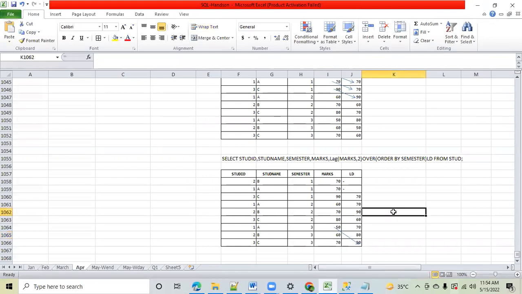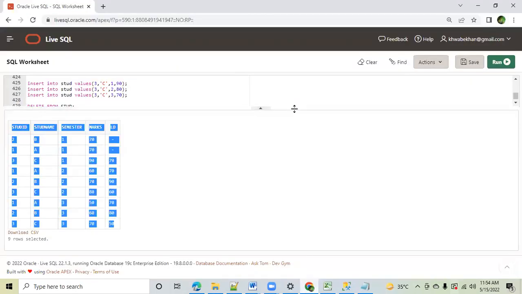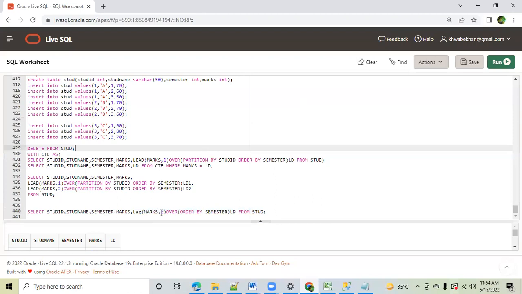In the query, can we write lag marks 1, 1 and would it show us the same result? Lag marks 1, 1. Okay, got it. So here you are telling that you want it like this, right?